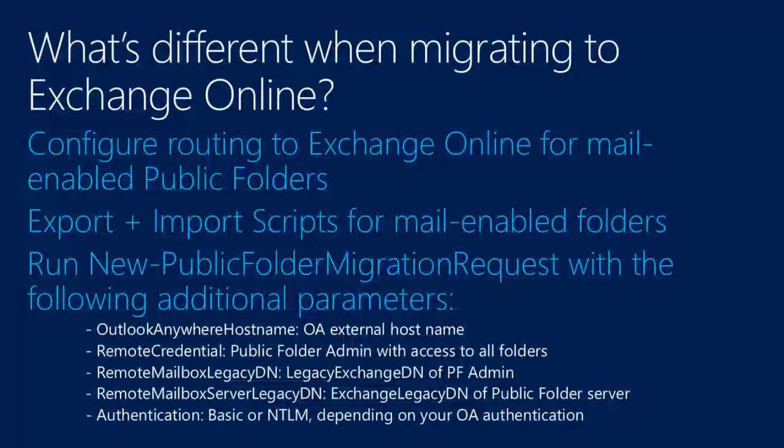And also make sure you get the authentication type correct, either NTLM or BASIC, for Outlook Anywhere. There's no way to update a public folder migration request, so you'll have to remove the existing request and then resubmit it with the proper parameters.